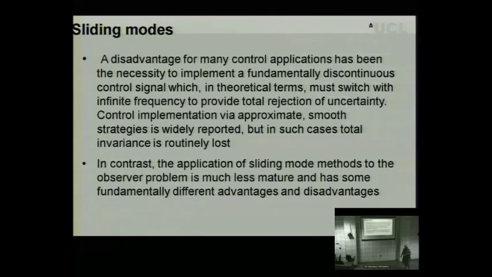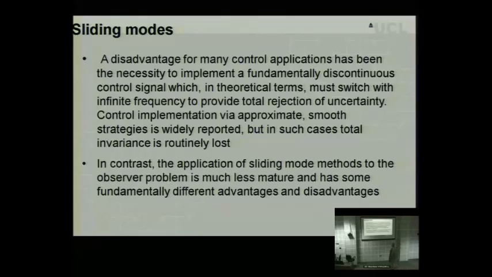Now, from what we've seen in our MATLAB sessions, that approximation can still do pretty good things. When we were looking at errors, they were very small, despite the fact that we were using entirely smooth injection signals. So it can be used, but we're not getting what in theory we should be.